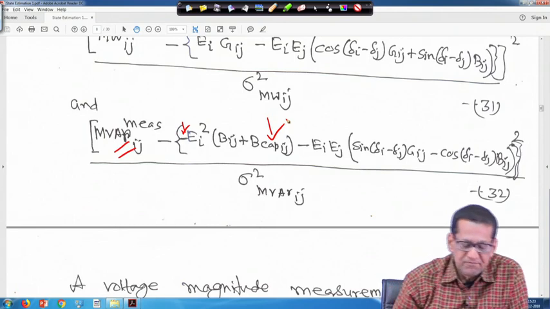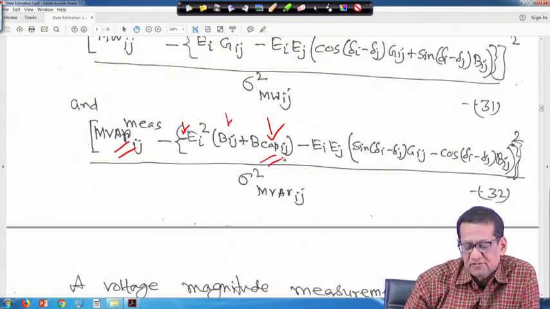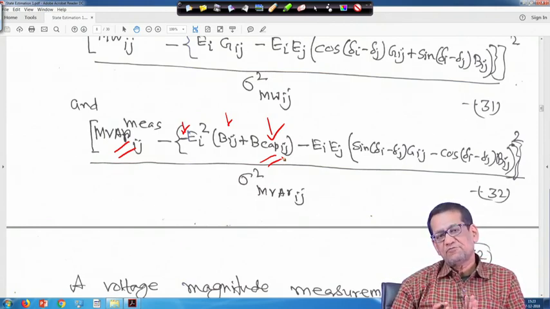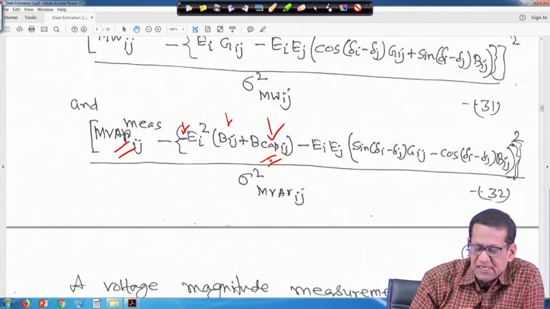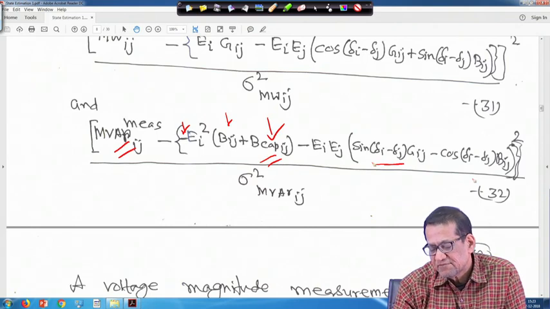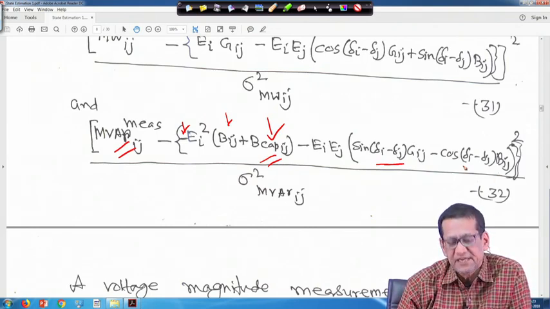That is why Bij plus B cap Ij is there, this is the notation I have used. If you treat it as a pi network, then you have to take those values accordingly. So that is why Bij plus B cap Ij is taken, minus Eij in bracket Gij sine delta I minus delta j, then minus Bij cosine delta I minus delta j, right.